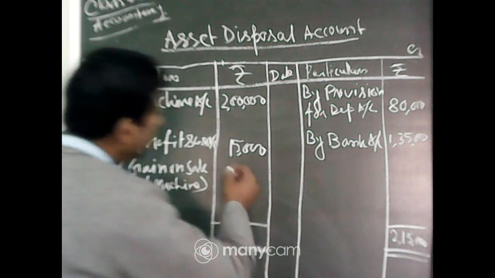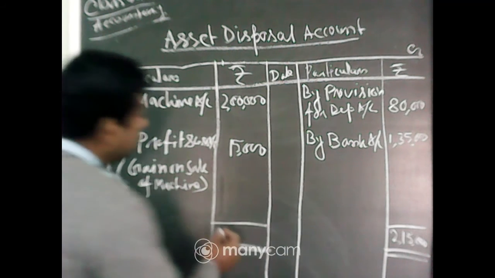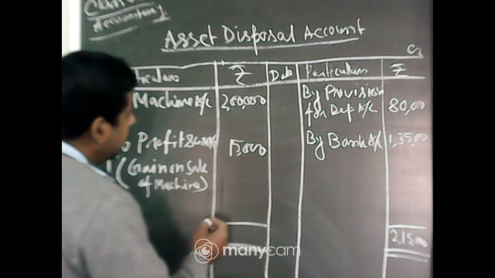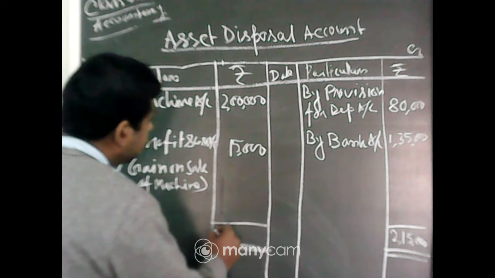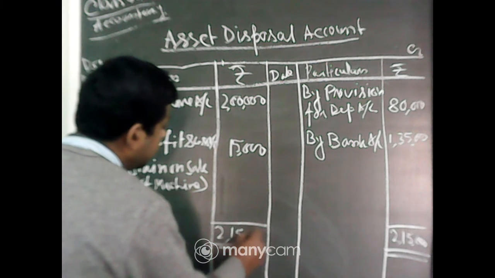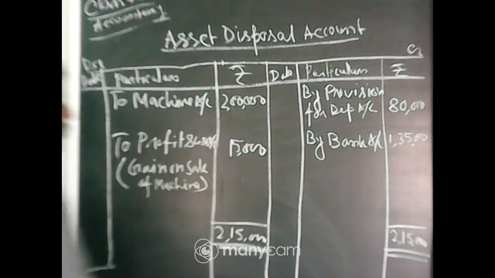Okay, so that is the beauty of the asset disposal account. You can easily find the profit or loss on the sale of the machinery. So that is now 2,15,000. In that way you have to make the asset disposal account.